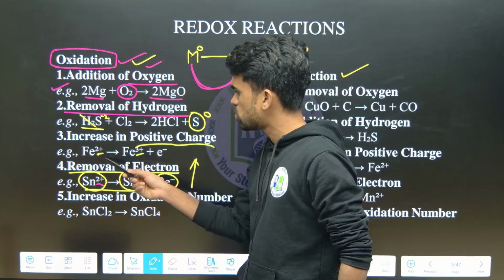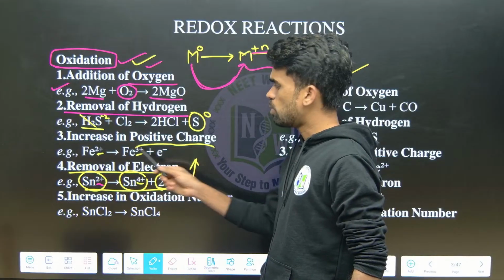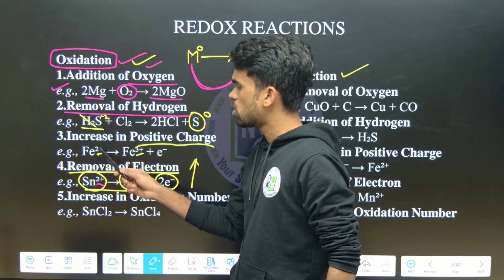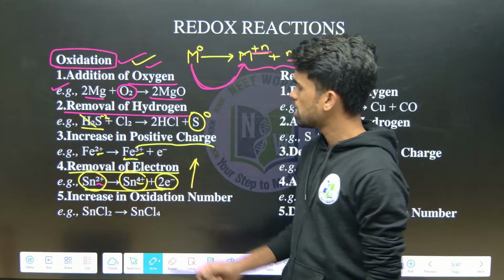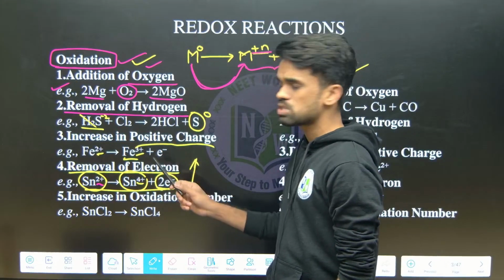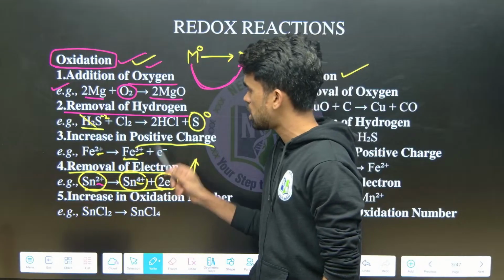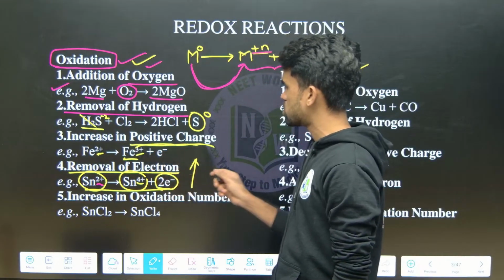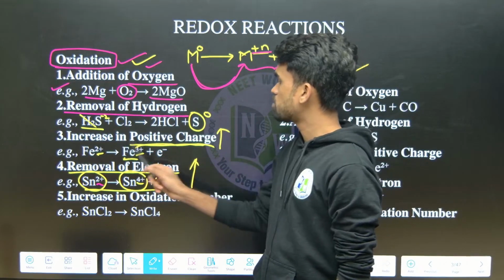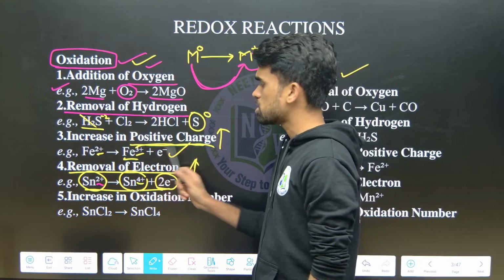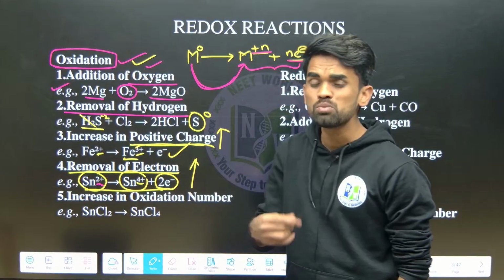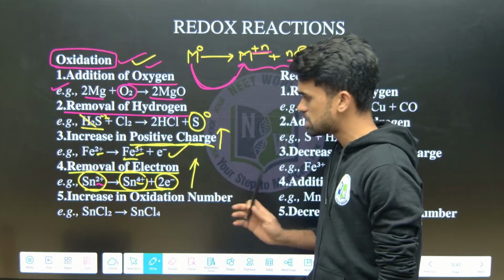Electron is lost from this plus 2 ion so that it is converted into plus 3. So when electron is lost by the species, there will be an increase in the positive charge. So increase in positive charge is also called oxidation. How will that positive charge be increased? By removal of electrons.